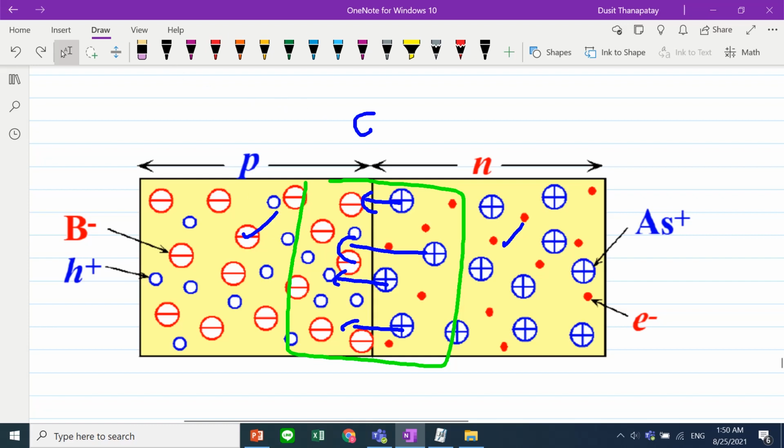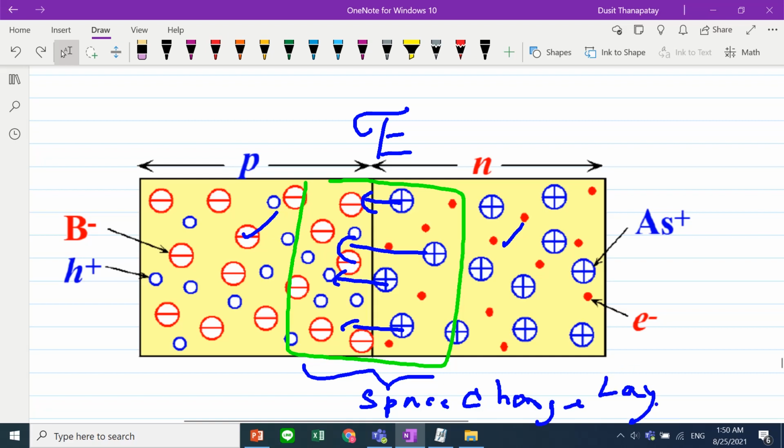Now there is a built-in electric field between this region. This region is called the space charge layer, or someone may say it is a depletion region.